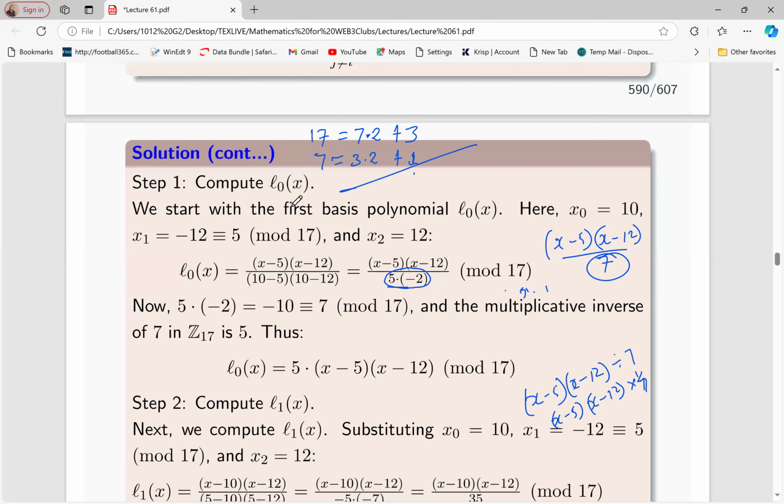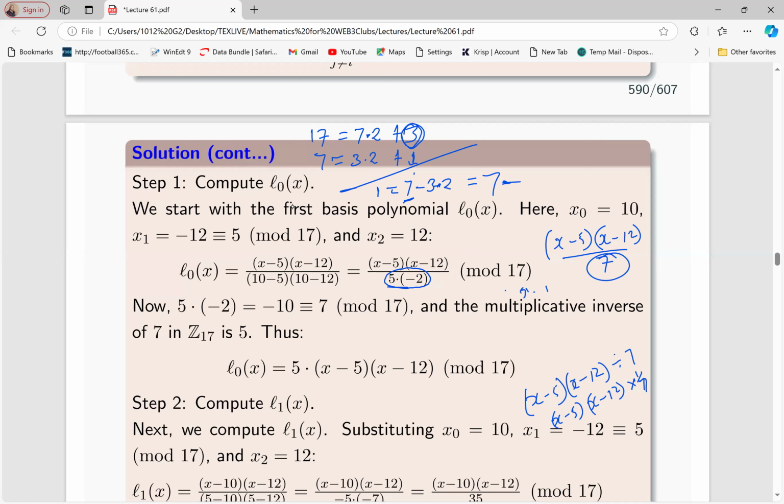So now make this one the subject of the formula. So 1 becomes 7 minus 3 multiplied by 2. When you use the equation at the bottom, what does this become? This is 7, then minus, instead of 3, substitute the equivalent of 3.